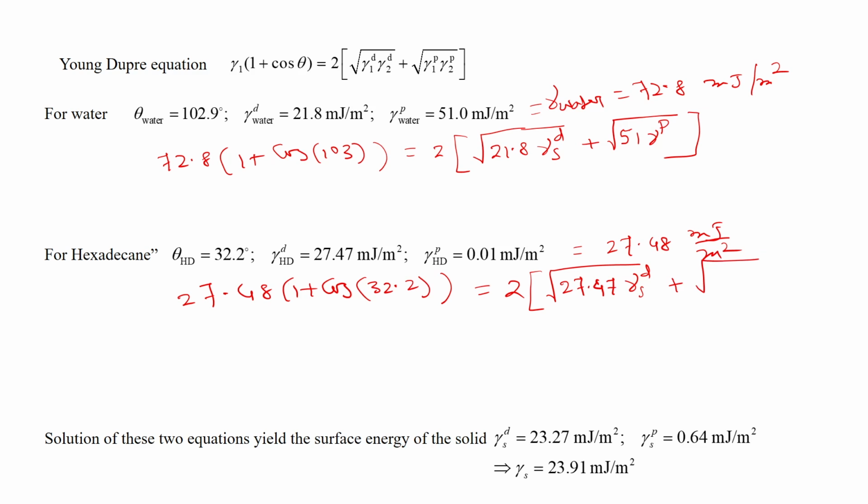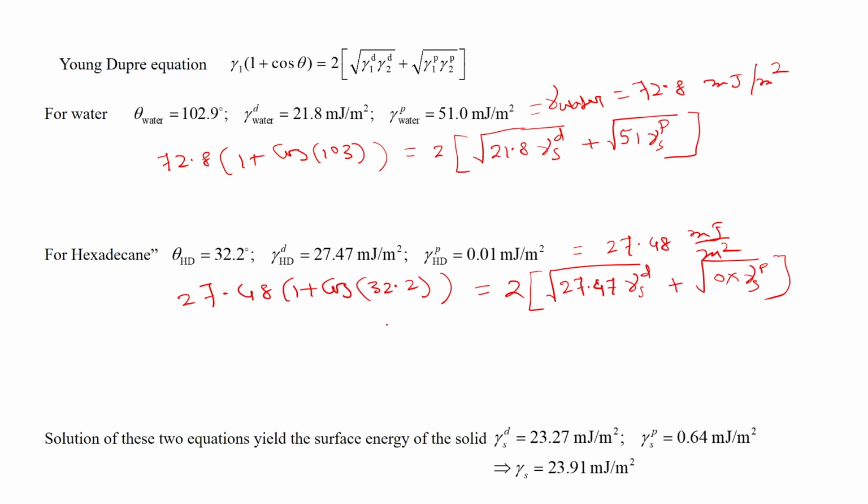So, let us take it as 0, let us not worry about it. So, this is gamma S P here. You see there is an advantage of taking a liquid whose polar component is almost equal to 0. It simplifies our calculation to some extent.